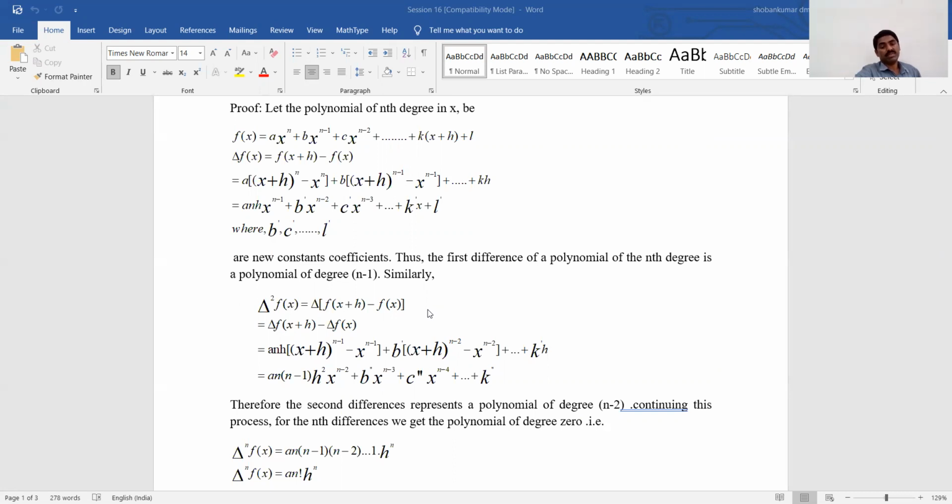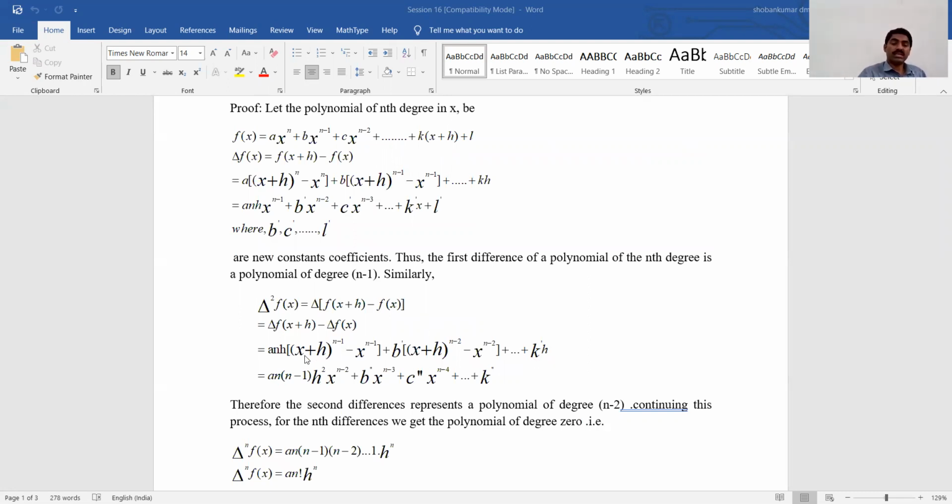Here f of x and f of x plus h get cancelled, and the remaining part is a n h times (x plus h) all to the power n minus 1 minus x to the power n minus 1, plus b dash into (x plus h) all to the power n minus 2 minus x to the power n minus 2, plus and so on, k dash h.